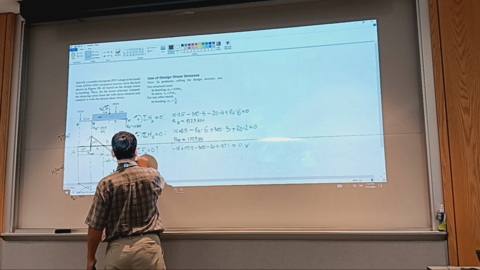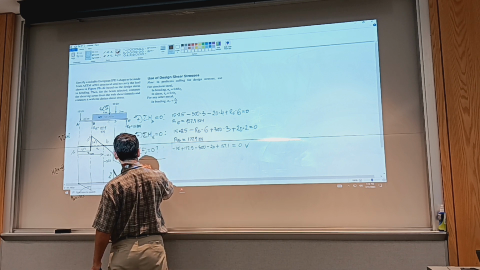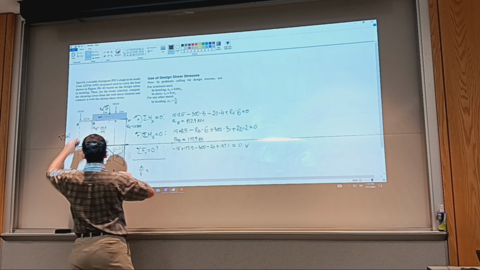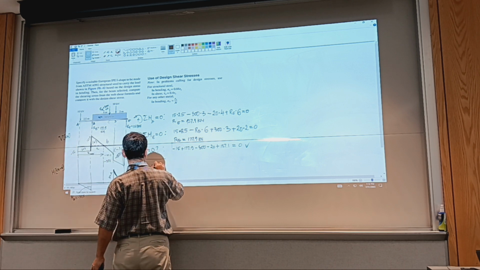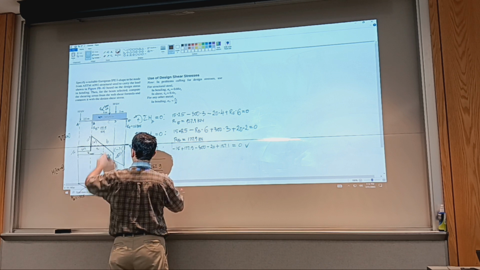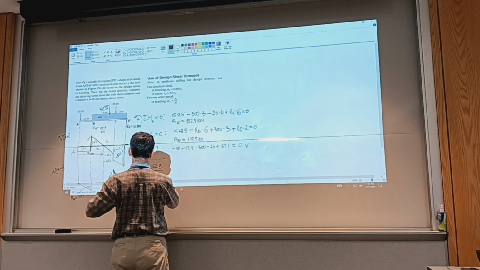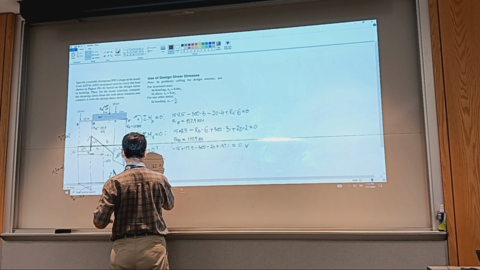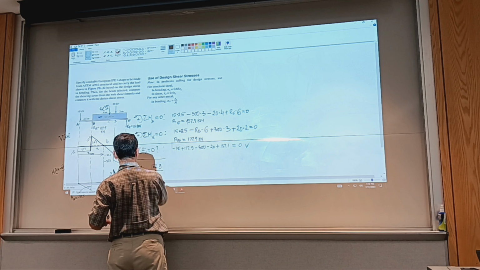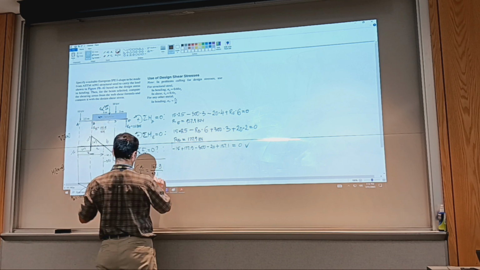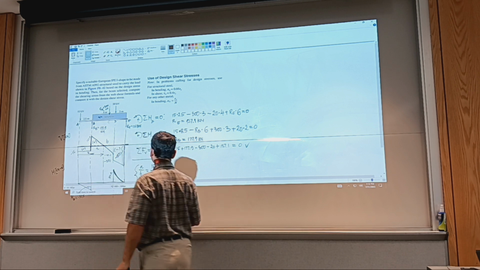Using similar triangles, A over B, that is, this piece over this piece, equals 162.9 over this other piece, whose magnitude is 37.1. And then I have A plus B, the second equation, because there are two unknowns. So A plus B equals 4.